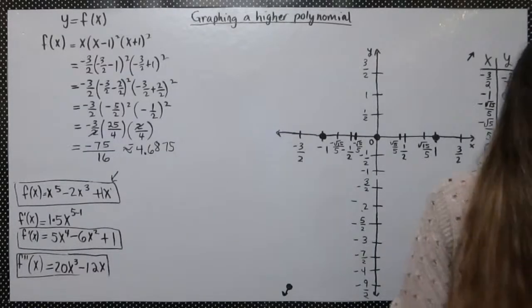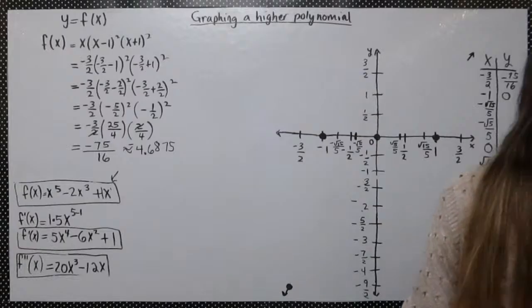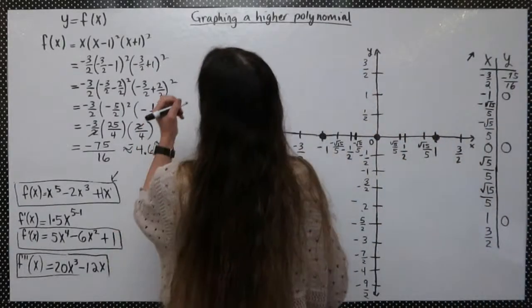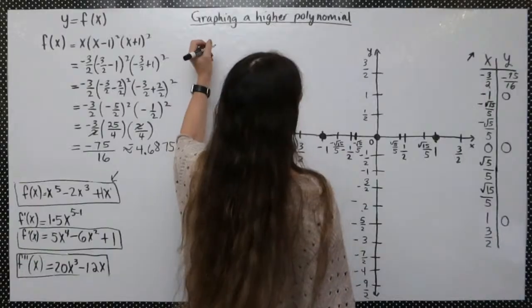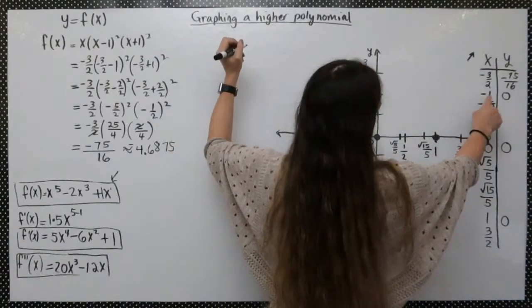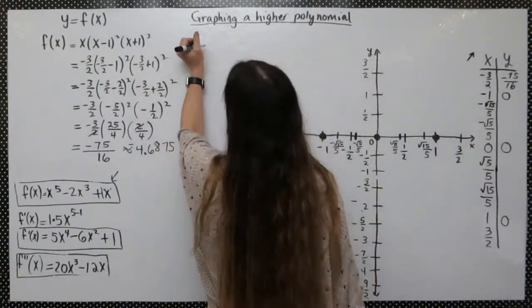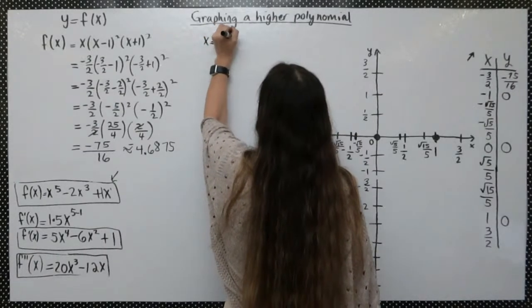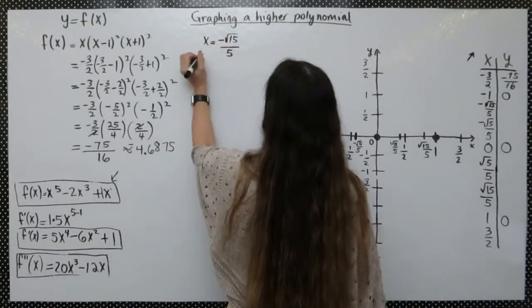I'm not looking forward to calculating radical 15, but we'll do it. Let's just do it. So the next one, because we have -1 and 0, so we're going to do this next one. So x equals negative radical 15 over 5.